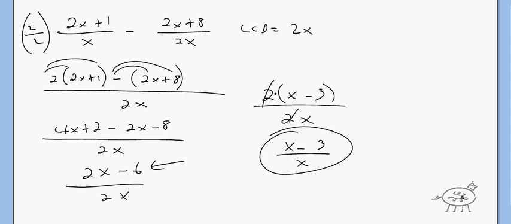All right, so let's do a problem a little trickier, and I want to talk about a few things. So 3 over xy squared minus 5 over 2x squared y.